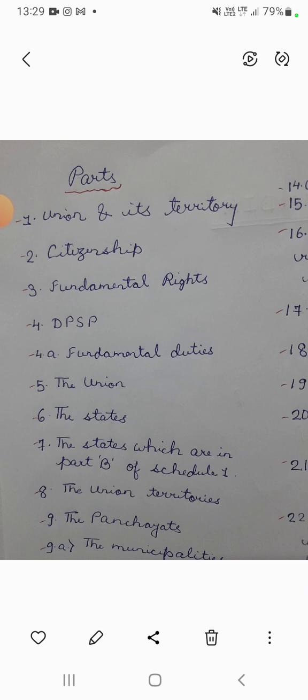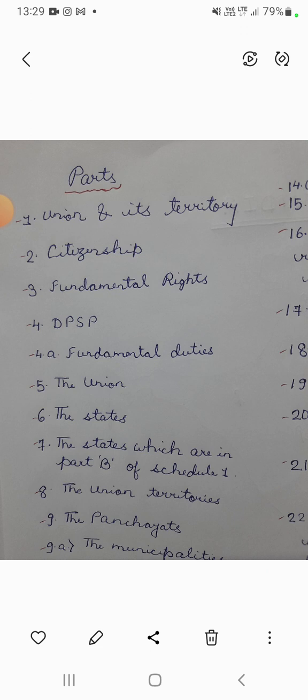Part 4 talks about DPSP, that is Directive Principles of State Policy. These policies help directly or indirectly in the formation of states. Now, if there are so many citizens living in India, they should have some duties.